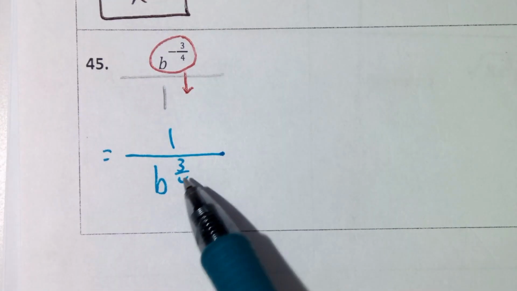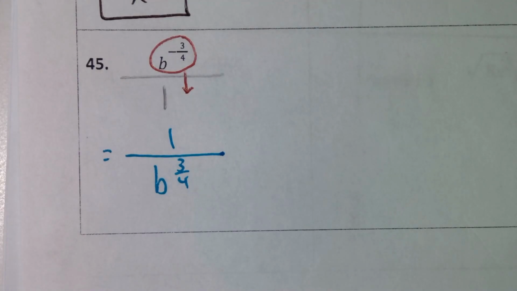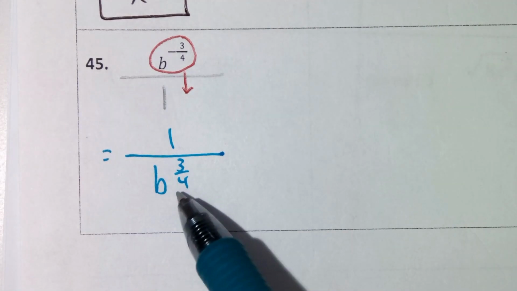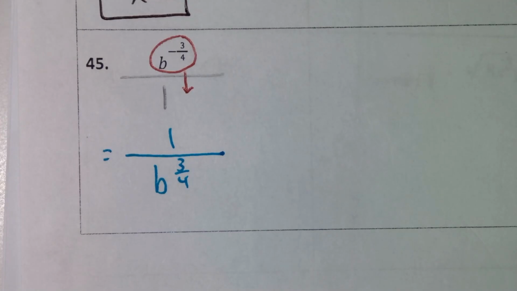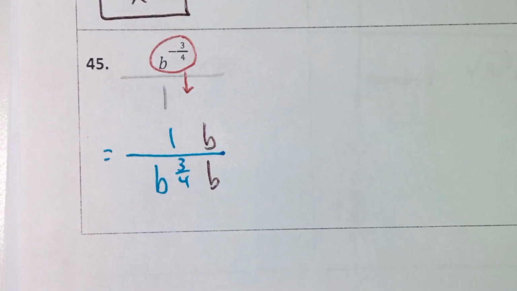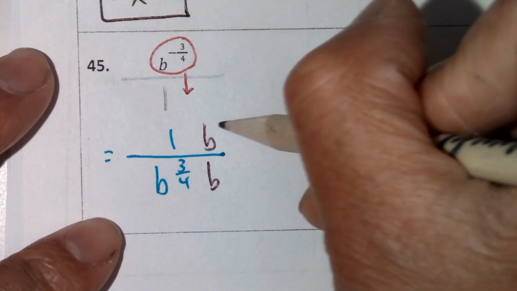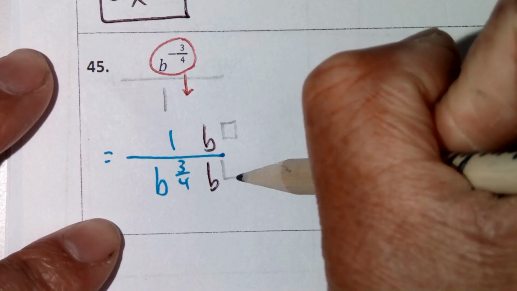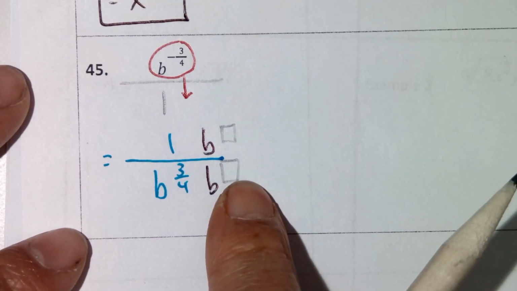Notice that 3/4 doesn't have a negative sign anymore. Okay, so we want to get rid of that 3/4. Remember, it is a radical. Go ahead and talk to your partner about what you put in that little box right there.